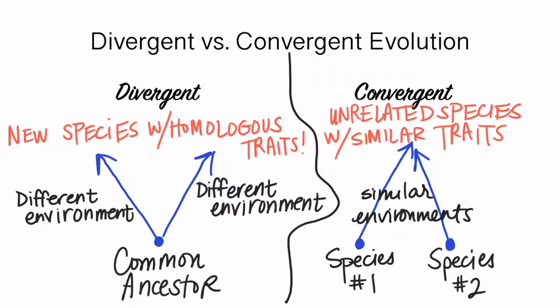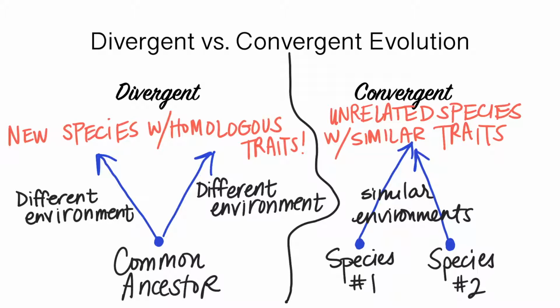So we could summarize by saying that divergent evolution leads to homologous traits, those that arise and are evidence of common ancestry, and convergent evolution leads to convergent traits that arise as a result of being exposed to similar environmental pressures. Now, as it turns out, skin color is actually a great example of convergent evolution in humans.